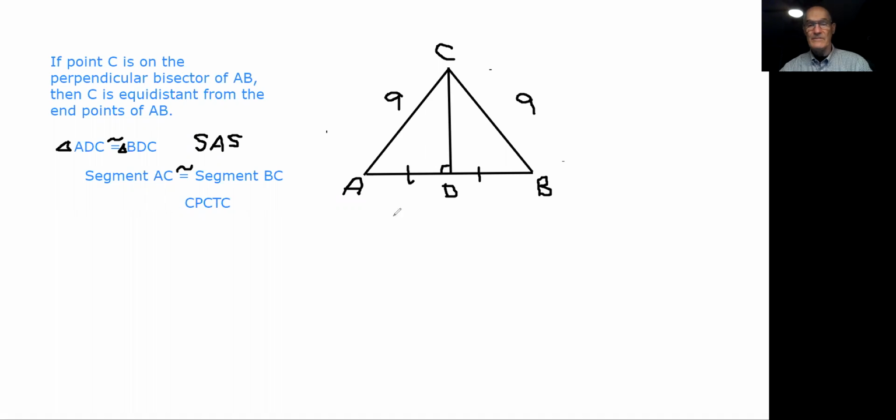And then the other type of problem could be, let me see if I can erase some of this, or I'll just draw myself another triangle down here. So let's say I have a triangle that looks like this, and I draw this line like this.